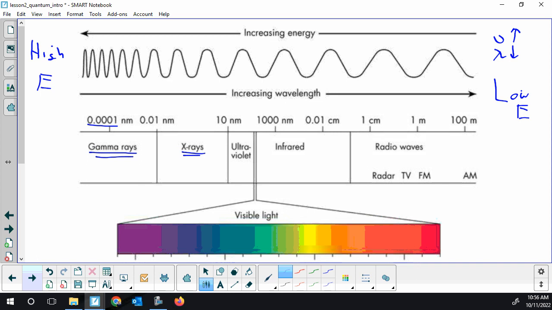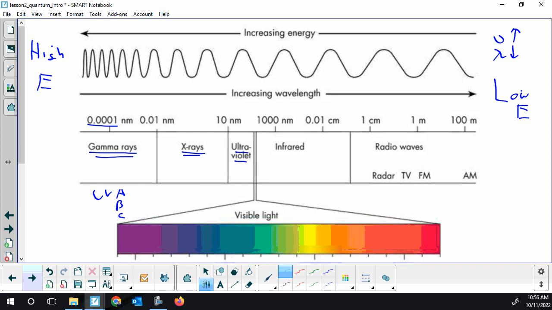Ultraviolet radiation is also higher energy than visible. Ultraviolet or UVA, there's UVA, B, C. I don't know if anybody's ever read sunscreen or used it. Maybe your parents just tell you, you don't read the bottle.